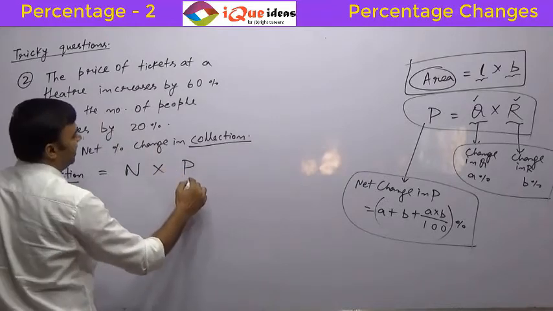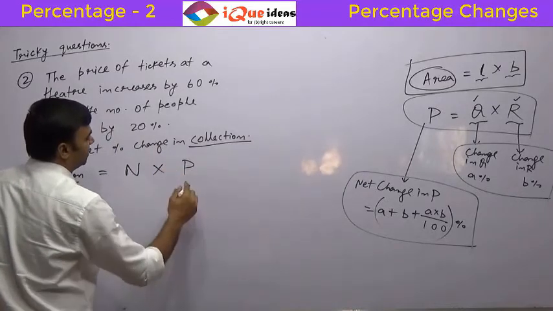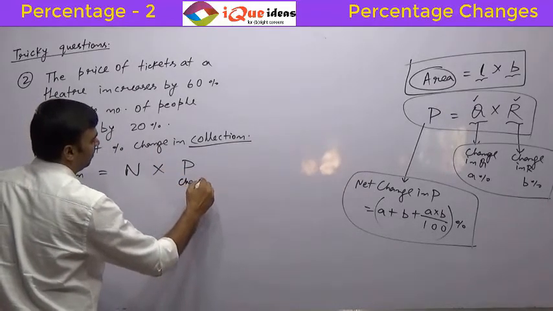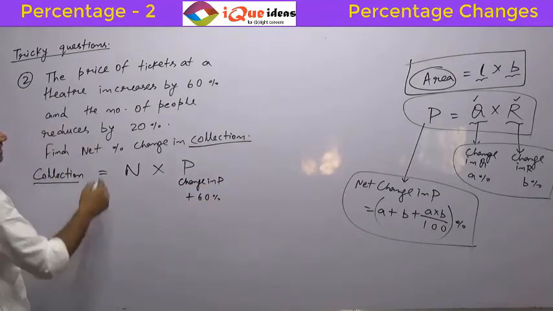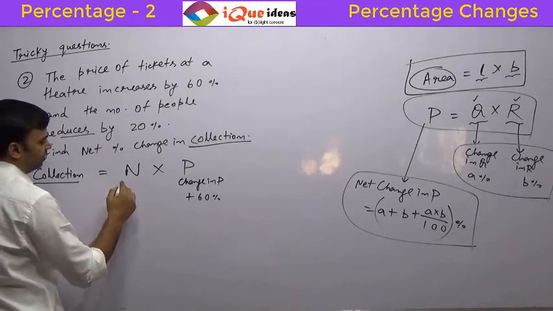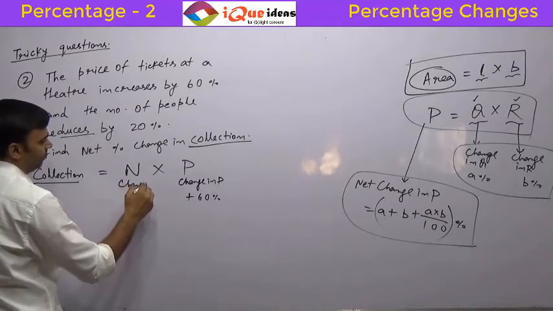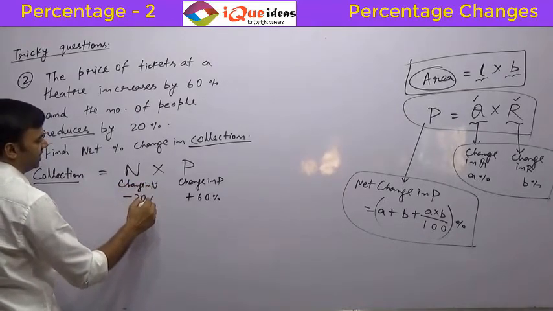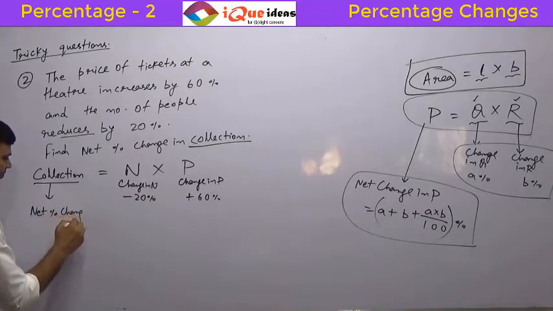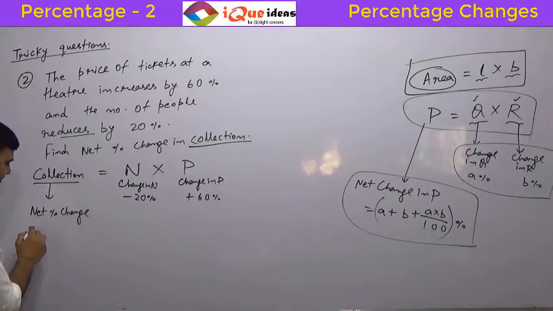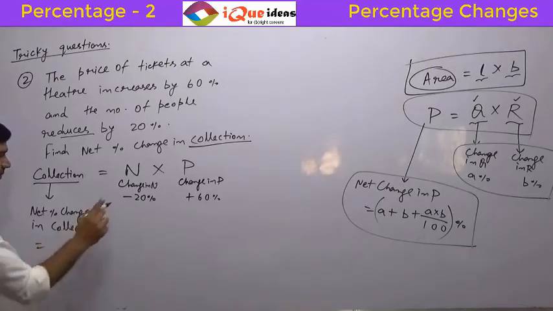The price has increased by 60%. So change in P is given as plus 60%. And the number of people reduces by 20%. So the change in N is given as minus 20%. So the net percentage change in collection, we can simply apply the formula A plus B plus AB by 100.